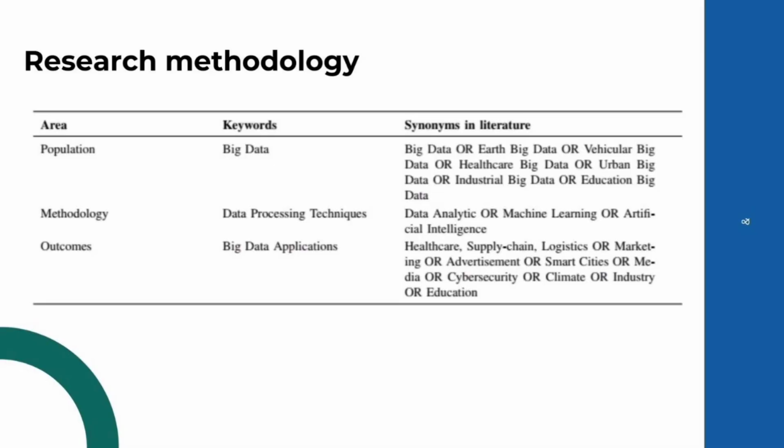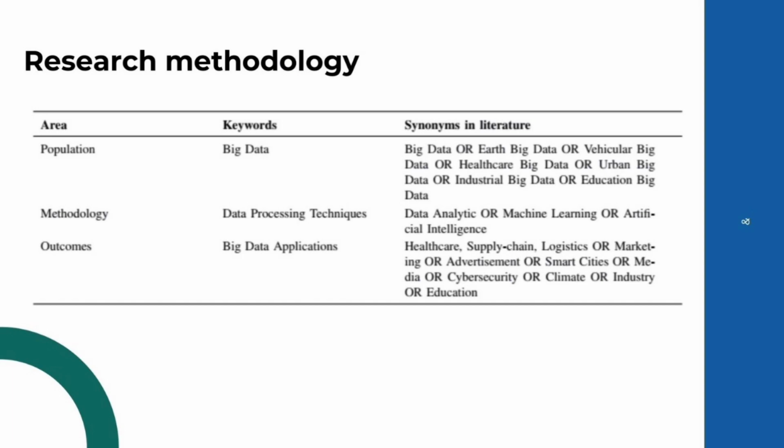So outcome means what we are getting particularly. If you are discussing big data in education, then smart education is our outcome. In the application, you can say that we are discussing big data. The synonyms of big data may be earth big data, vehicle big data, healthcare big data, urban big data, industrial big data, or educational big data.